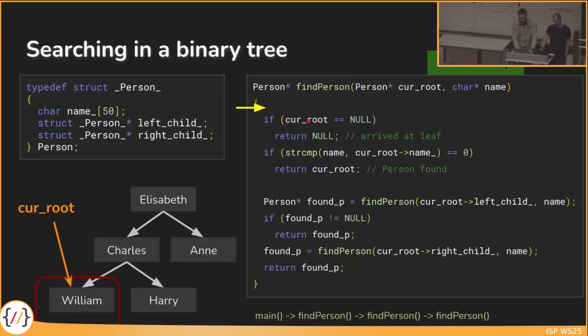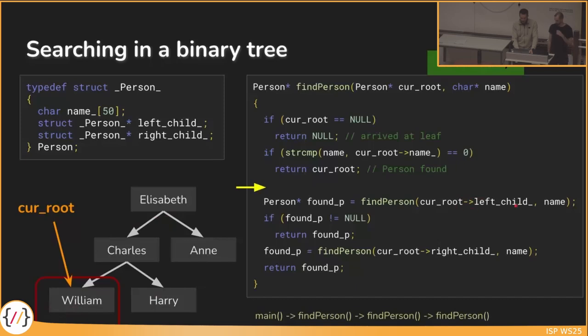Again checking whether the current root is null. No, it's not. It's William. Is William Harry? No, it's not. So what do we do then? Same as before, calling find person again for the left subtree of our current root, so the left side of William.